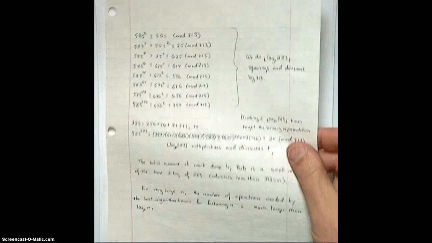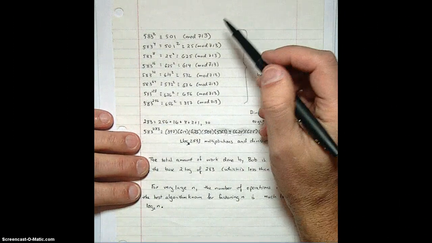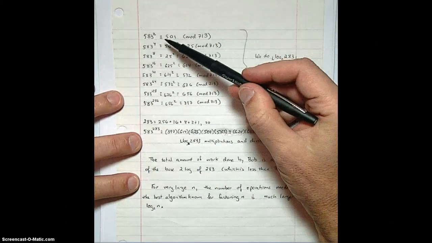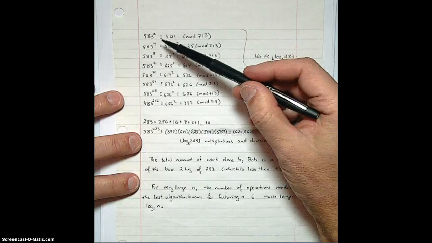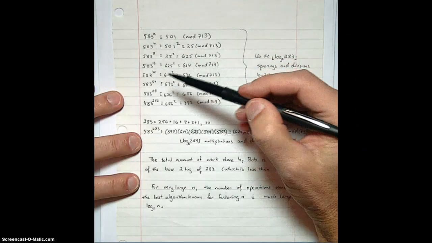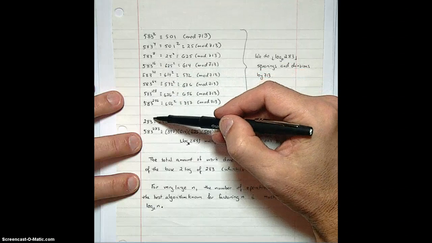Now, I'm just going to put this here because it doesn't really help me to write it all out. So we need to do squarings a few times before we get all the way up to 283.